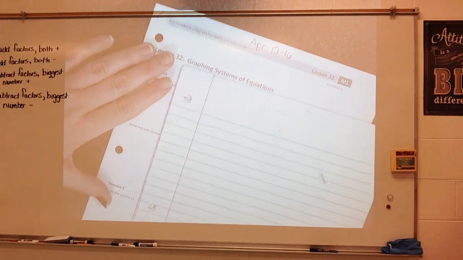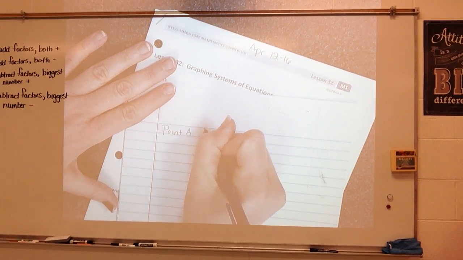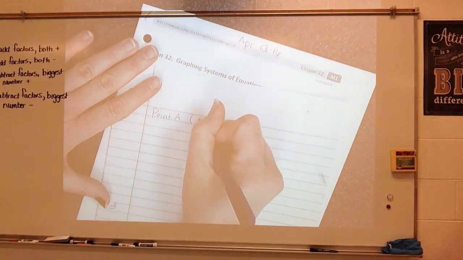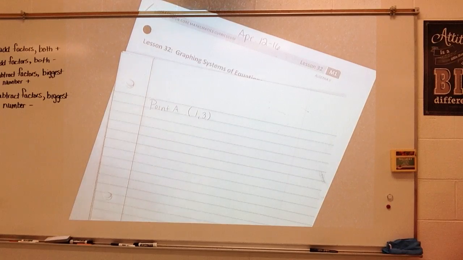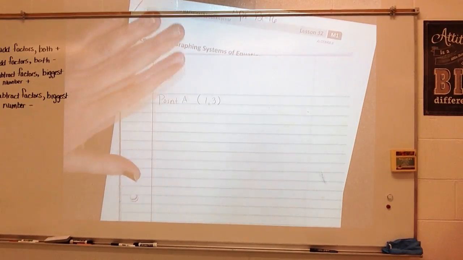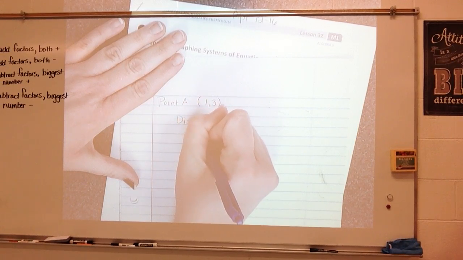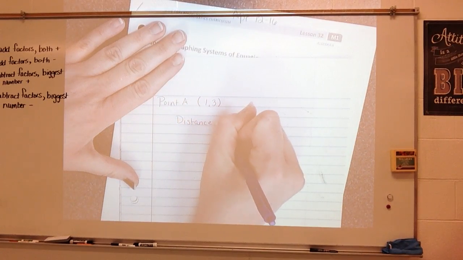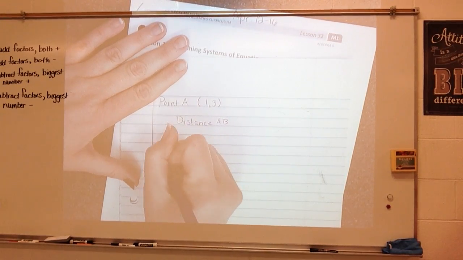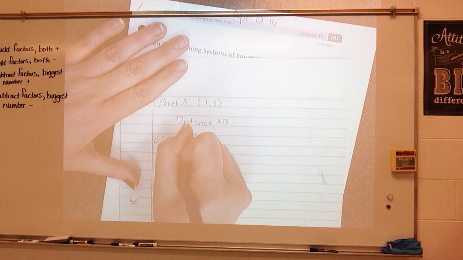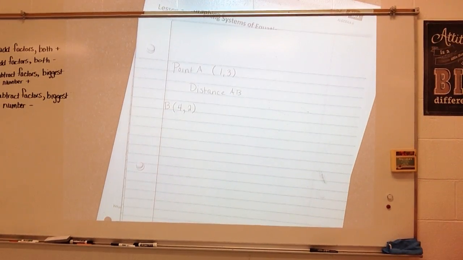Suppose that we have point A, and it has coordinates (1, 3). What if I tell you to find the distance between A and B? In this case, we'll let B have the coordinates of (4, 2).